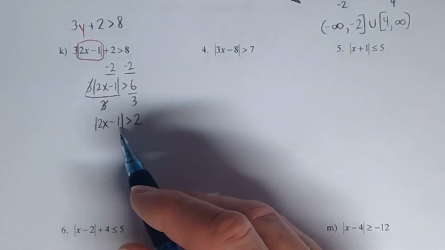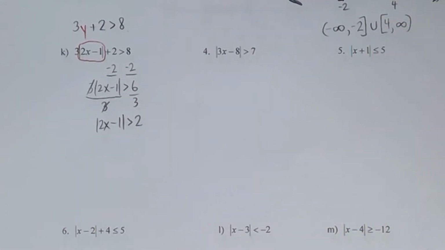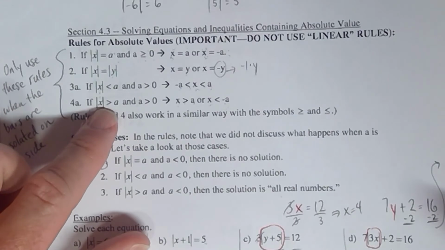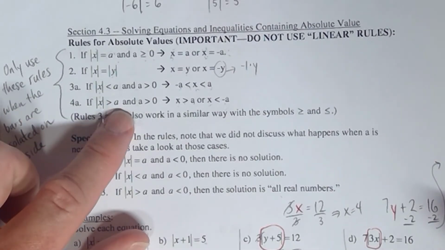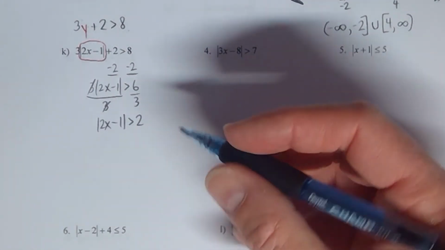Okay, now notice though, after I get the bars by themselves, don't think about it before that, as I mentioned. The rules say that if the bars are greater than a positive number on the other side, which is what we have here, the bars are by themselves greater than a positive number, that means that I what?